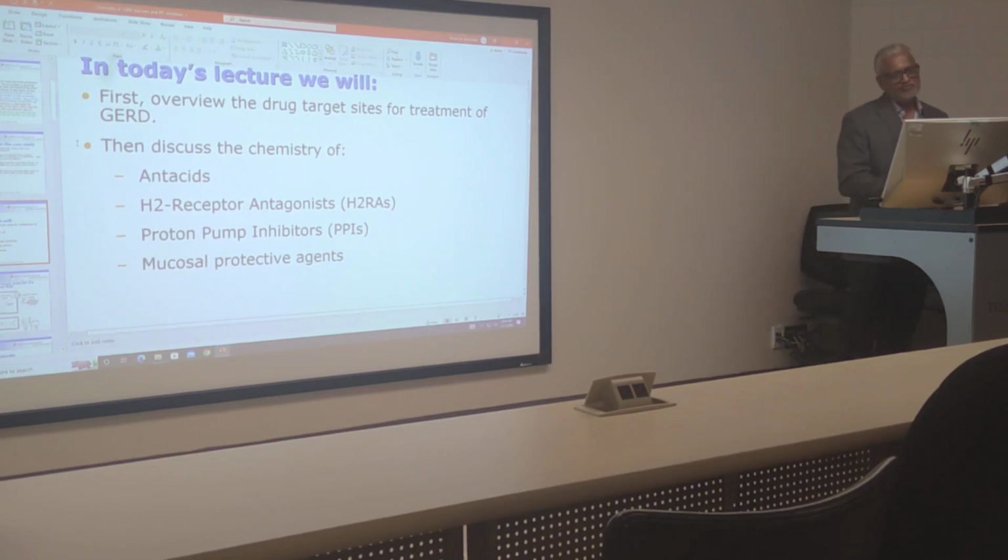These are the 4-5 areas I'm going to cover. First, I'll give you an overview of the target sites, where this drug acts, which one acts where. Then we will talk about the chemistry of antacids, meaning these divalent cations.